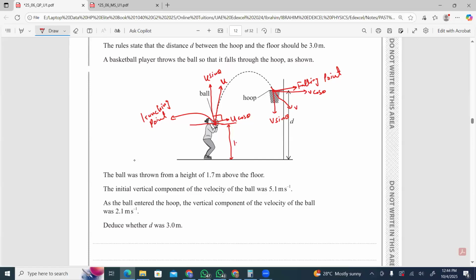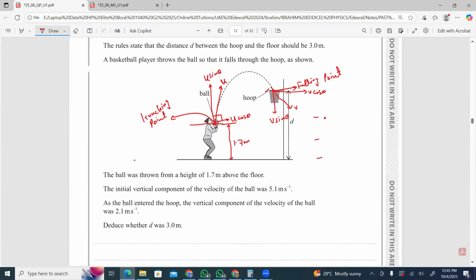And this height is actually 1.7 meter already. So all you need to do is just to measure the height from here to here. So you need to see when the ball is coming to the hoop, at what distance it is from the launching point. So usually in the projectile questions, you have three kinds of situations.